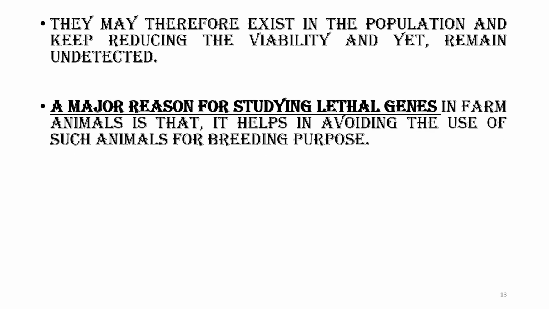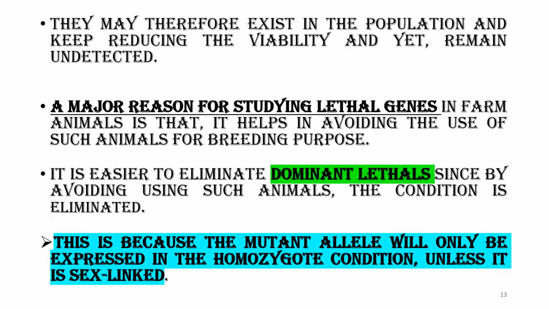They may therefore exist in the population and keep reducing variability and yet remain undetected. And that is a major reason for studying lethal genes in farm animals, because it helps us in avoiding the use of such animals for breeding purposes.